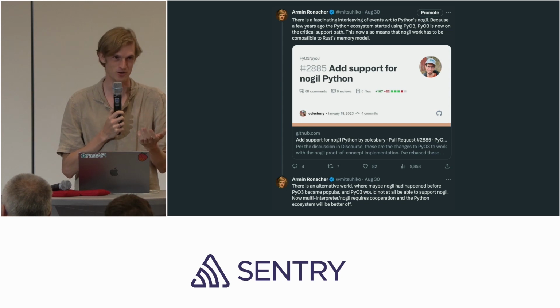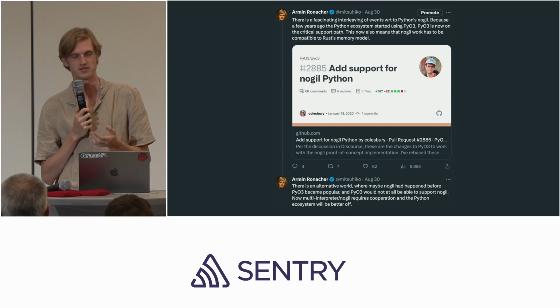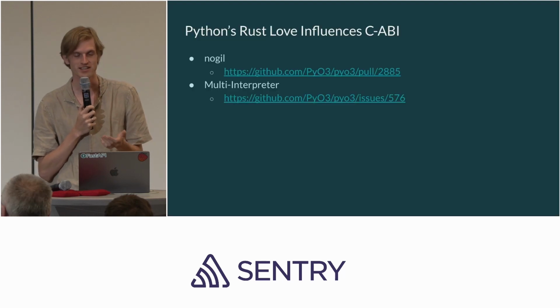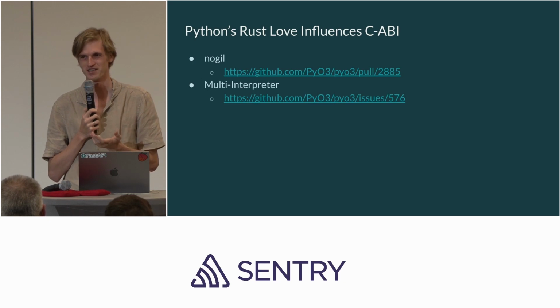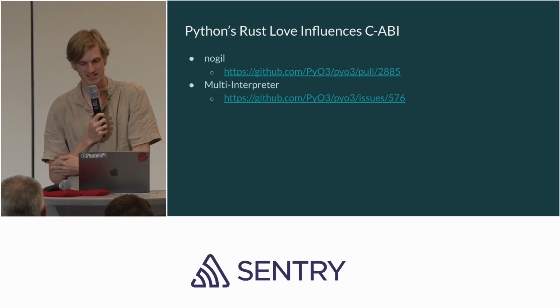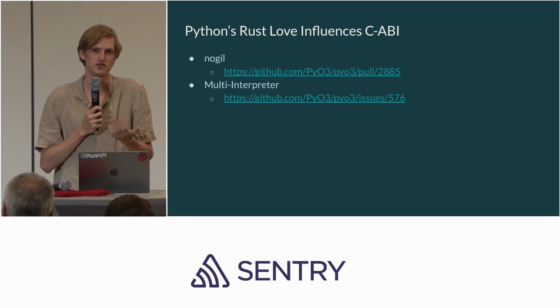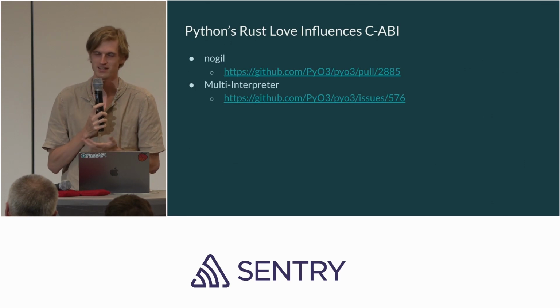And so now, when the GIL goes away, or when the multi-interpreter support comes in, people are actually engaging with the Rust community from core Python in one form or another, trying to figure out how do we bring these two worlds together. And I think this is really fascinating. I don't know if it will necessarily mean that Python will change a little bit to accommodate Rust better. It's unclear.